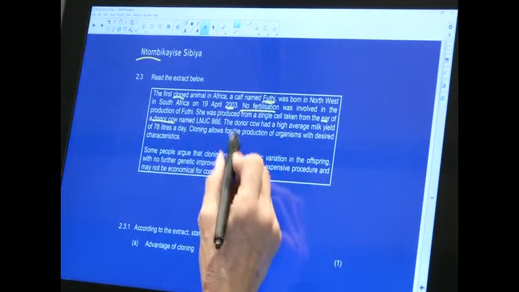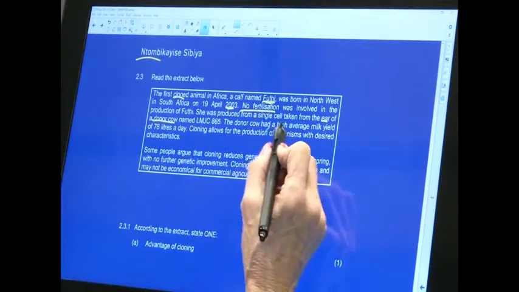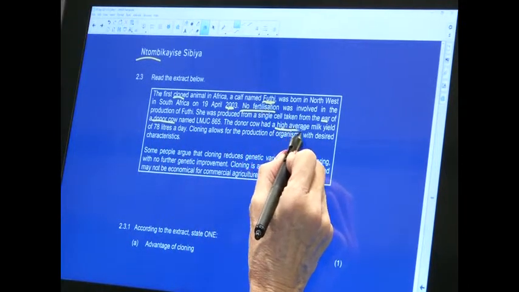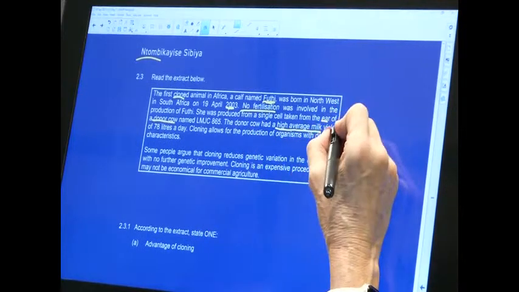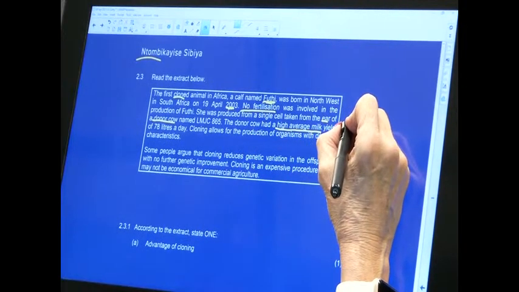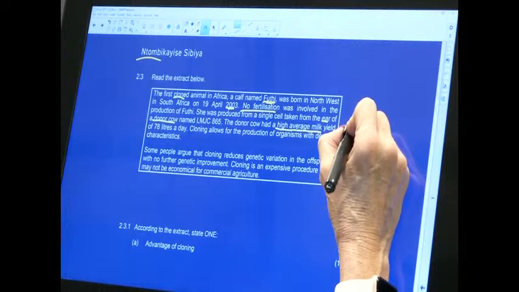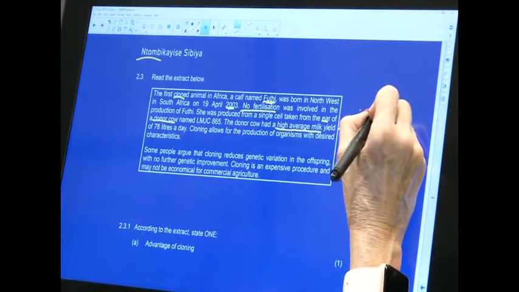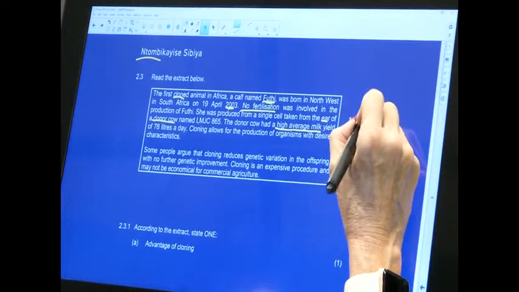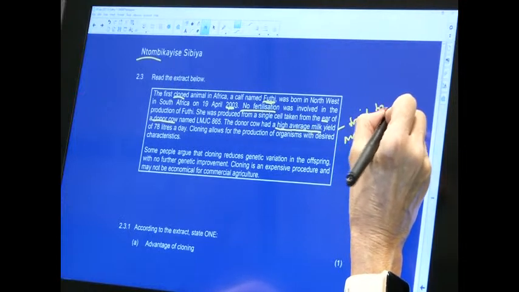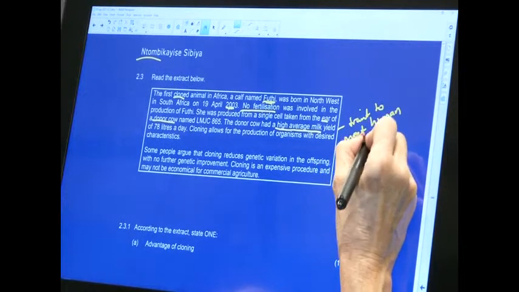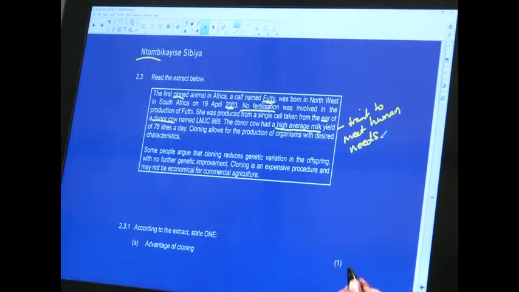She was produced from a single cell from the ear of a donor cow. The donor cow had a high average milk yield. In other words, this was a trait to meet human needs. That's why we have genetic engineering.